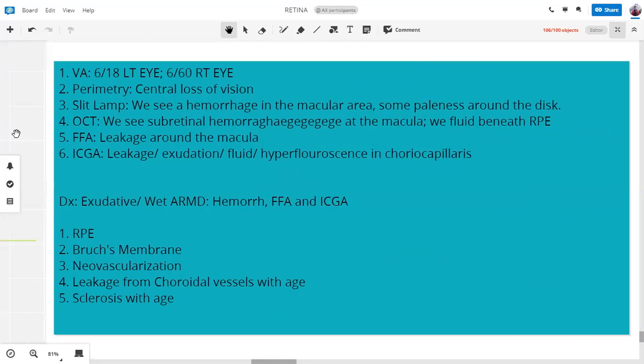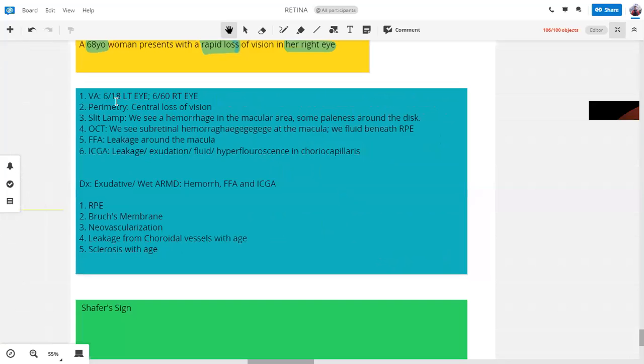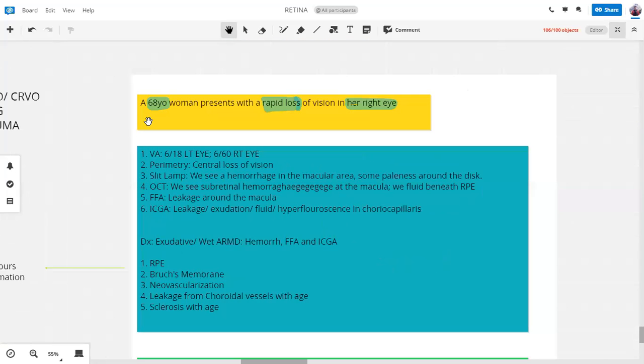So different things can happen. Now, let's review this briefly. On to our next case then. Age-related macular degeneration of the wet type. It will present in an elderly woman, classically whose age is greater than 65 years. She will have no other predisposing factors. She might have hypertension, but if it is hypertensive retinopathy, she will have all the other signs.